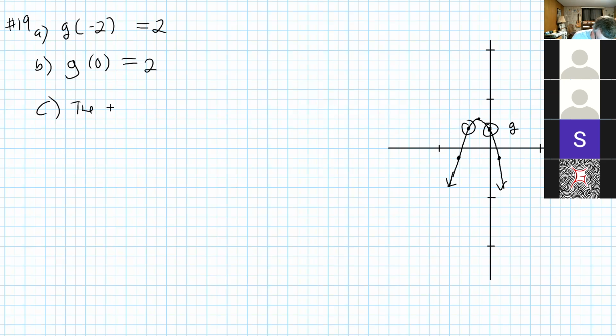Now we want the value of x for which g of x equals 3. This would be -1. Yes, right there.